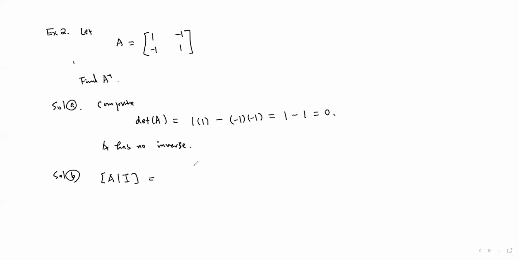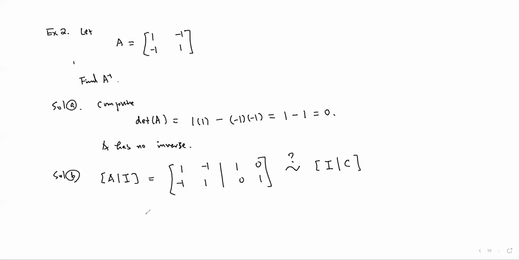In detail, A is 1, -1, -1, 1, and the 2 by 2 identity matrix. Let me try to reduce this augmented matrix to a matrix of this form, the identity matrix and some matrix C. If successful, then C is the inverse.